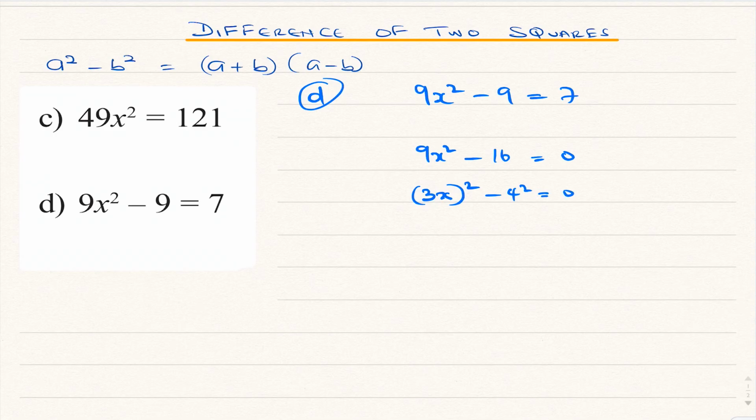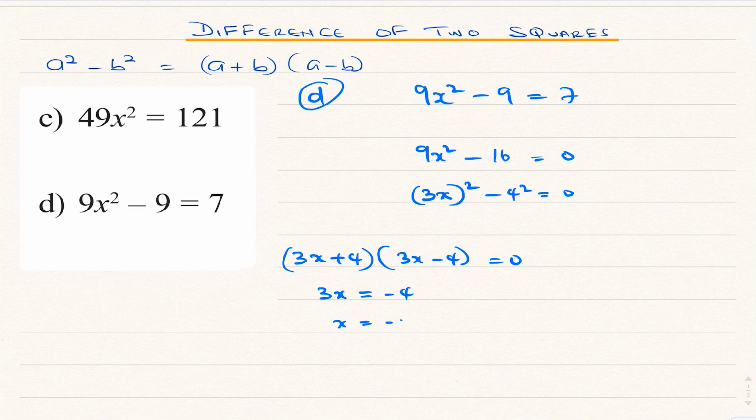And that gives us 3x plus 4 times 3x minus 4 equal to 0. Therefore, 3x equals minus 4, x equals minus 4 over 3, and the other one is 3x minus 4 equal to 0, x equals 4 over 3, and those are the solutions.